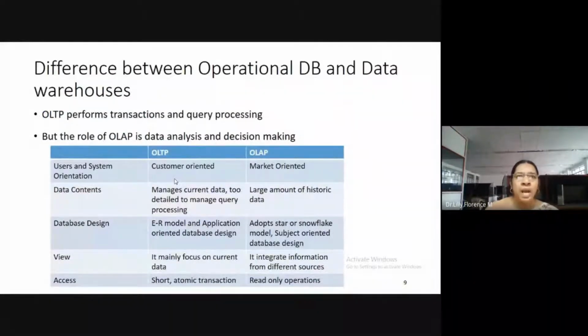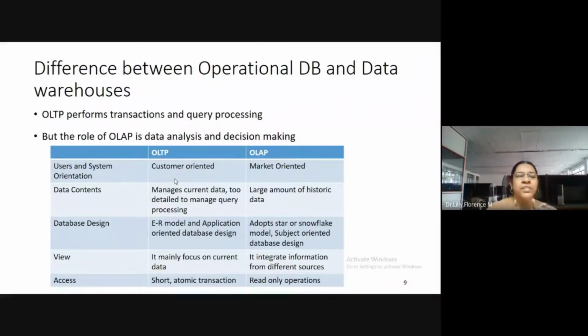This is about data warehouse. Now, we have traditional DBMS systems, which are used by millions of industries or applications. But why do we need a data warehouse? What is the difference between a traditional DBMS and a data warehouse?